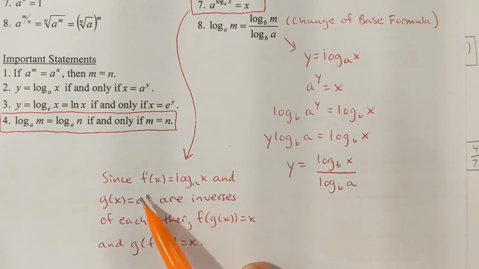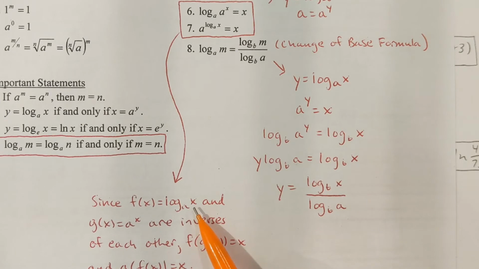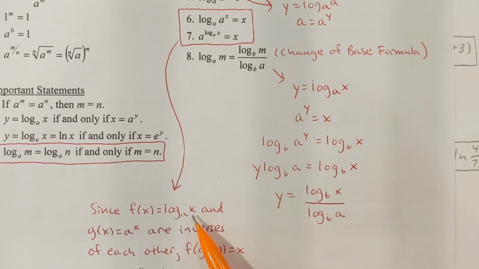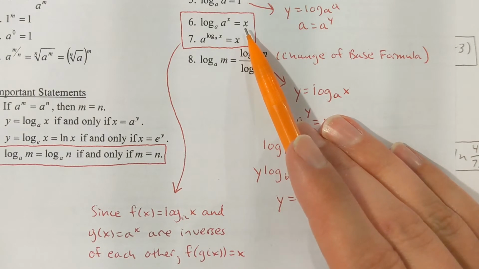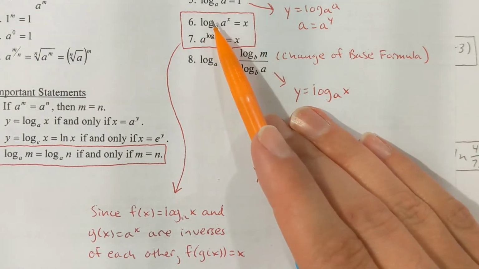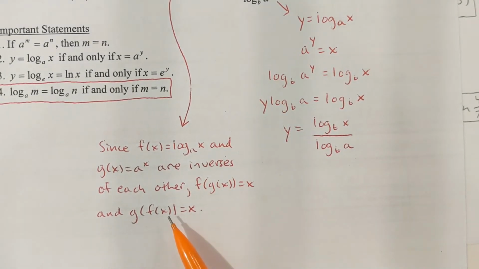Now if I plug a to the x into this logarithm here, I've got log base a of a to the x, which is just x. Okay, so that's where law 6 is coming from. Now, g composed f of x is also x, because these are inverses of each other.